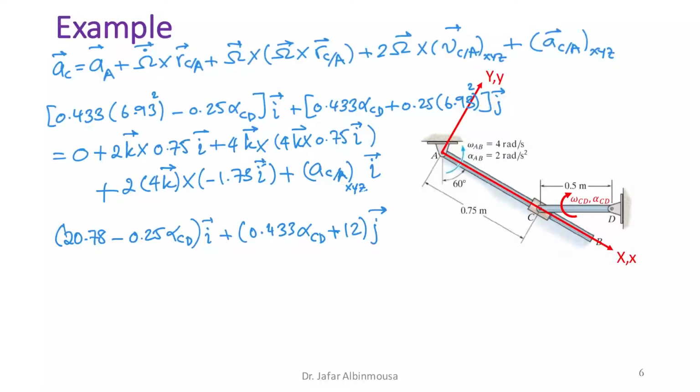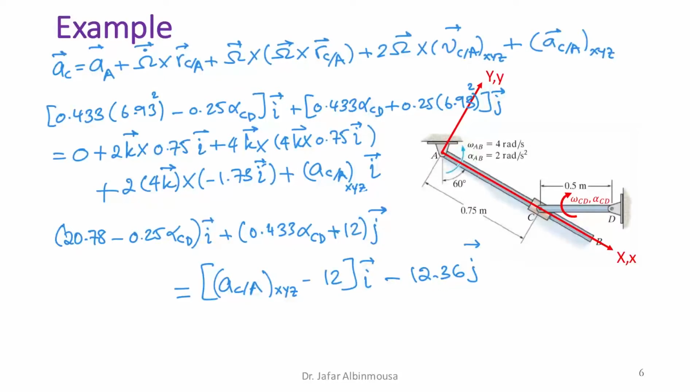All of this is the left hand side, which is equal to AC with respect to A as measured from the local coordinate system minus 12I minus 12.36J.